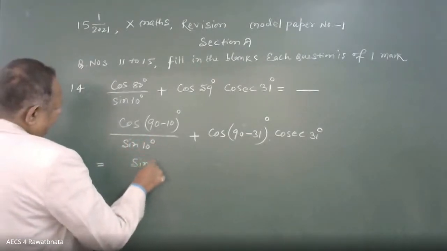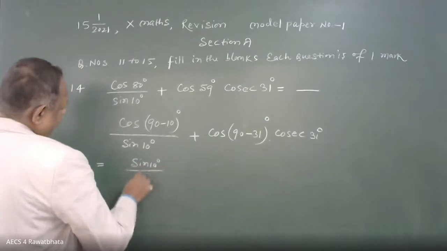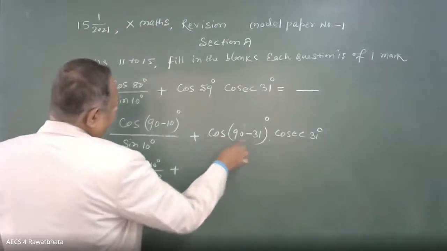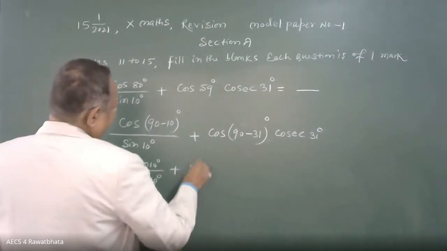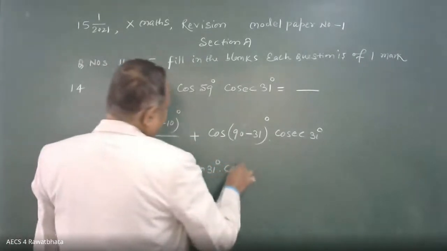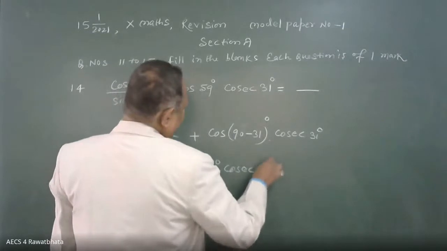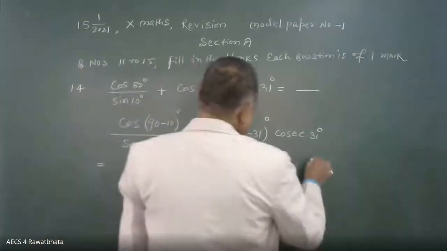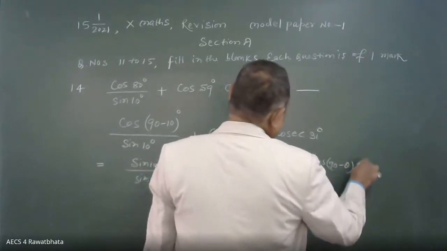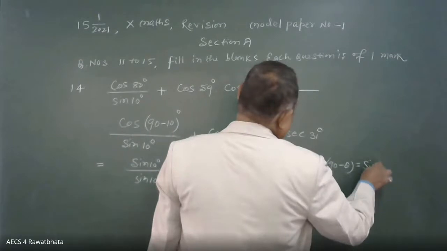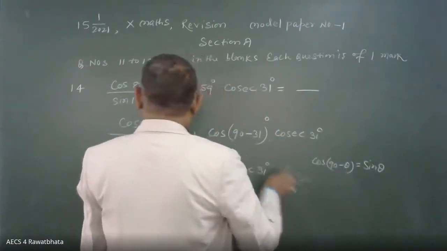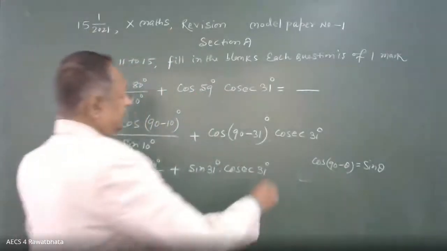Cos 90 minus theta is sin theta, sin 90 minus theta is cos theta, tan 90 minus theta is cot theta, cot 90 minus theta is tan theta.